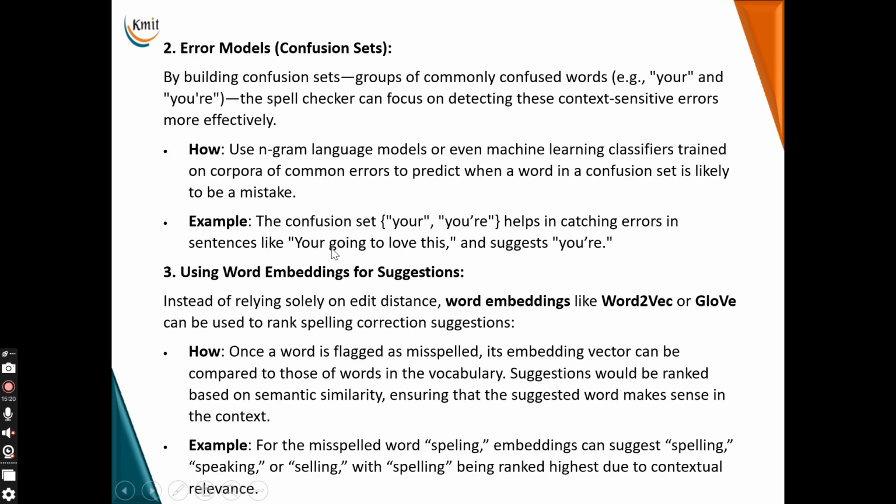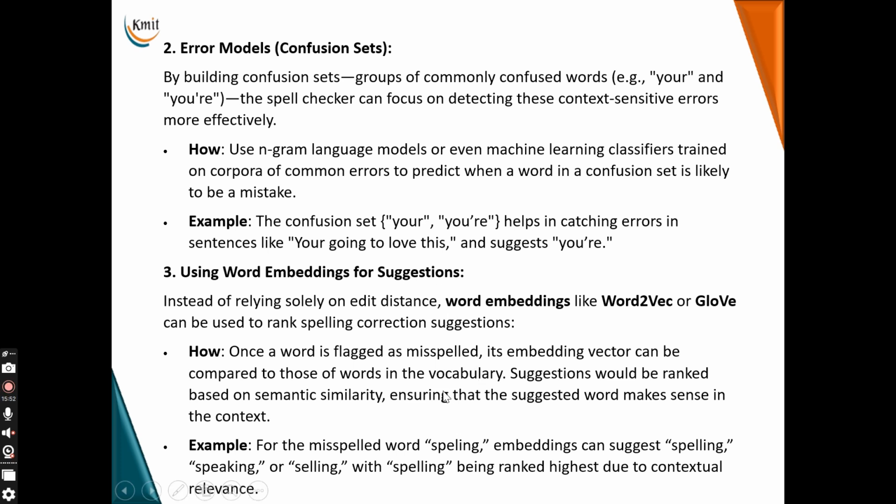Similarly, error models: suppose you are going to write a particular thing, you might have used a short form for that. Suppose I have by mistake written like this, "ur going to love this", but actually it should be written "you're", so the "ur" should be replaced with "you're". Such kind of n-grams should be identified if you are taking help of the pre-trained language models.